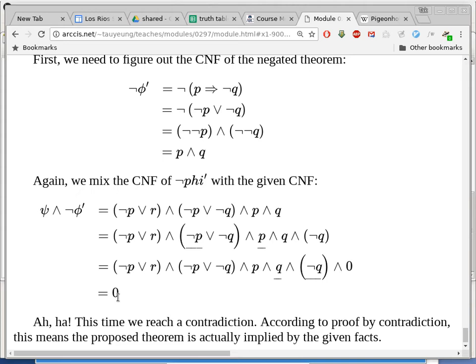So resolution is basically a very mechanical way to do implication. If you tell me this, it implies that is true. If you give me this, it implies that is true, and so on, until you get to, if you give me this, it implies false is true. Wait, false cannot be true. We have a contradiction. Your proof is done.